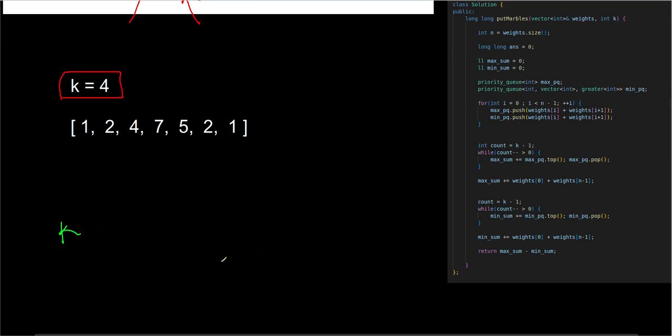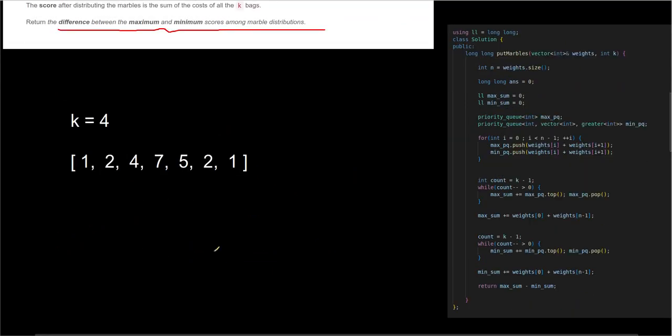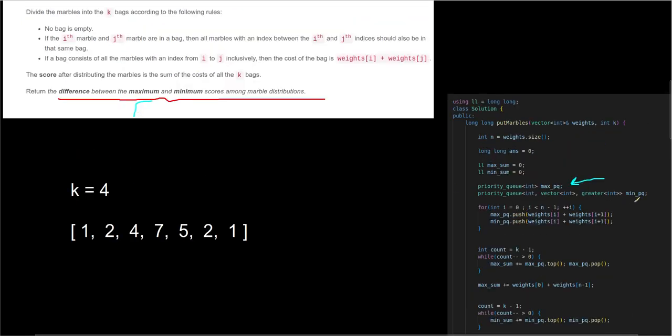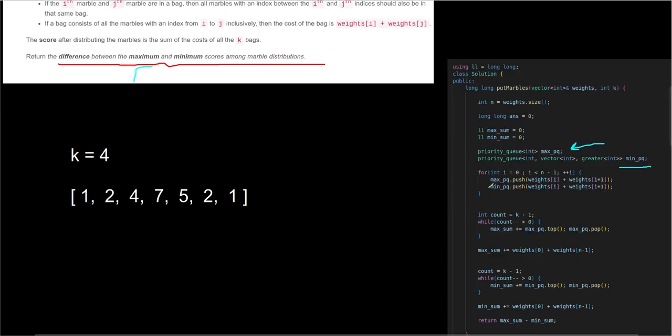And to do that, we need to use two priority queues. One is a max priority queue for the maximum score, and one is a min priority queue for the minimum score.